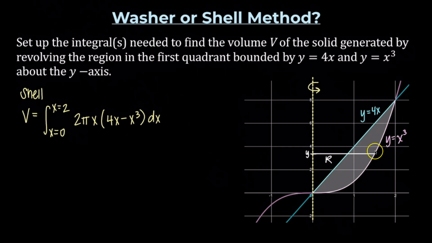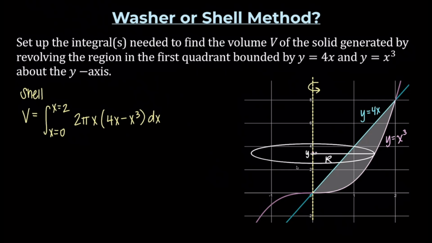Let's start drawing our cross section here. Right at this y value, I've created a disk with a radius of big R. But I need to cut out that inner piece to create the washer. So that inner radius is going to be found by starting at the axis of rotation and then going to the closer function.